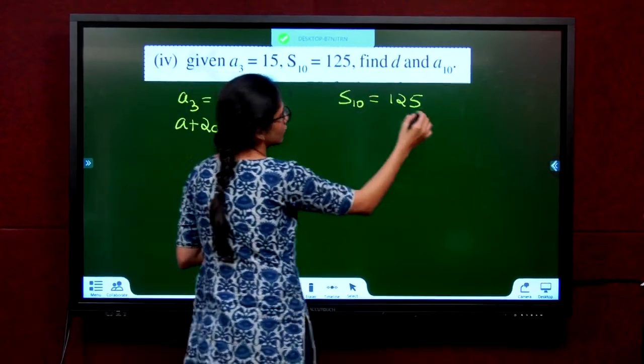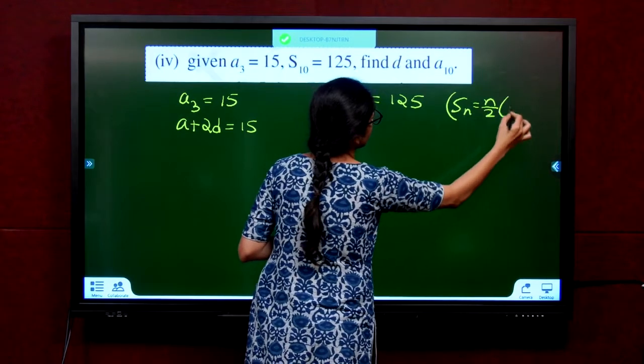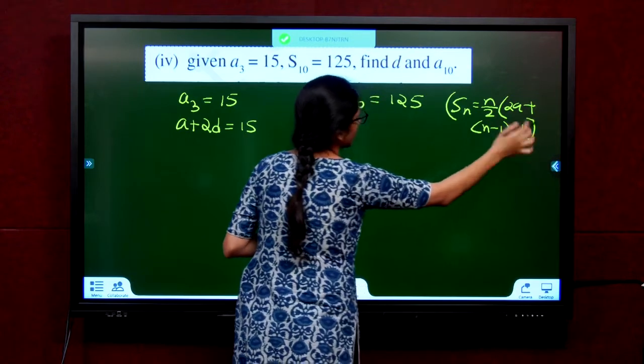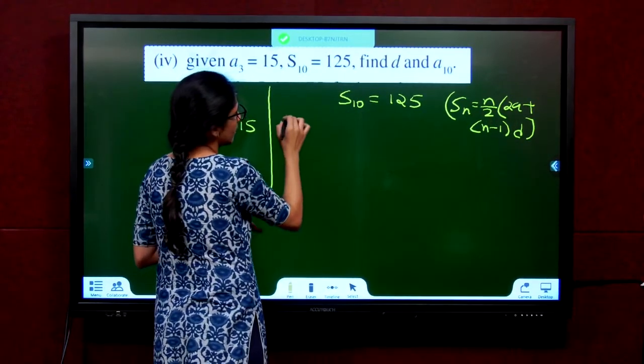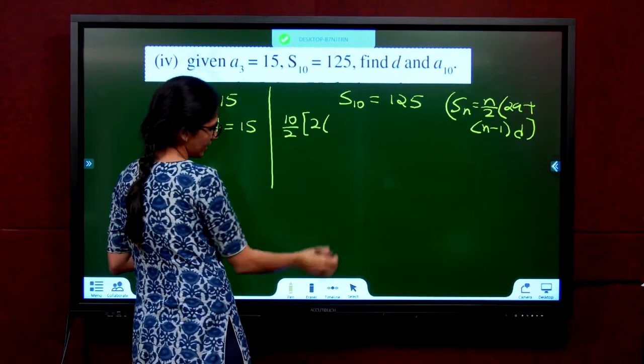S10 is, so I'm using Sn is equal to n by 2 into 2A plus n minus 1 into D. Write it down, I don't have space. Okay, so what is S10? 10 by 2 into 2A, do we have A here?